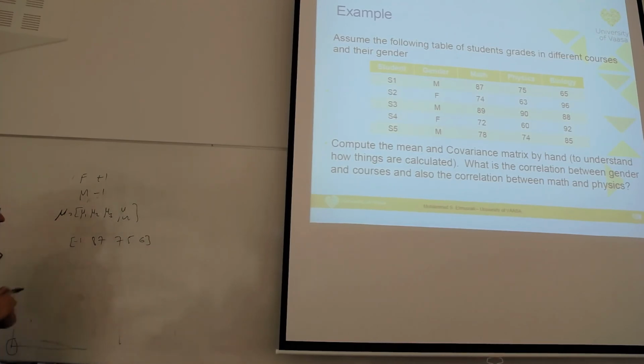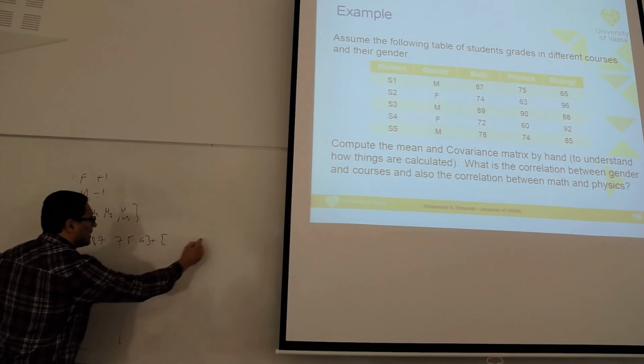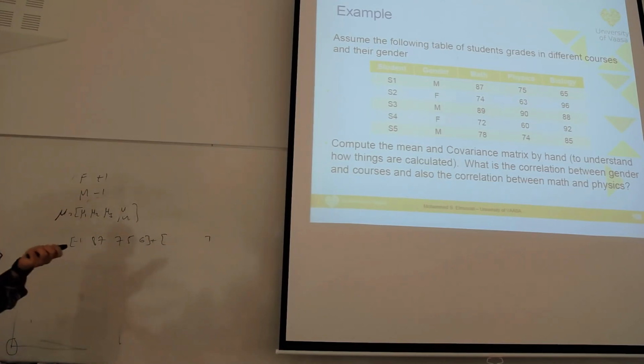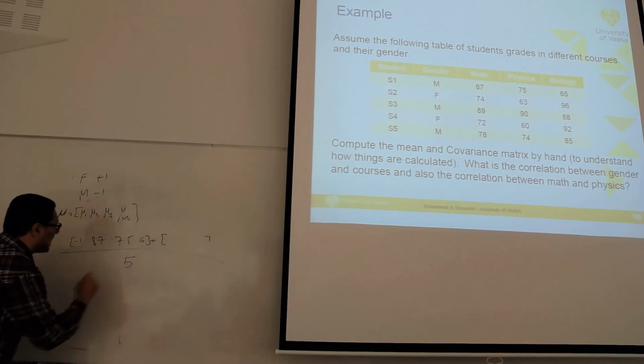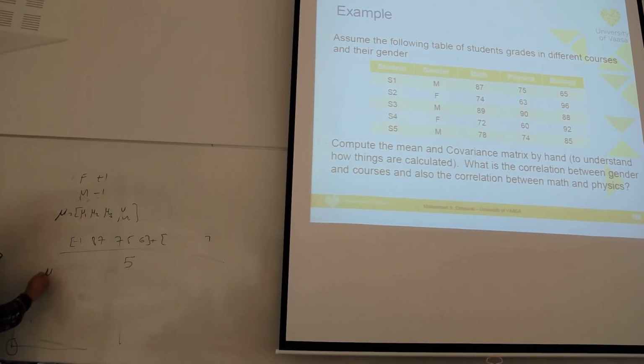Plus the second vector, so you take the second element now: 1, 74, 63, 96, and we add all of them and then divide by the number of data. We have 5 elements, so we divide by 5. We take the summation and divide by 5, and then we get the vector of the means, the average of every element.